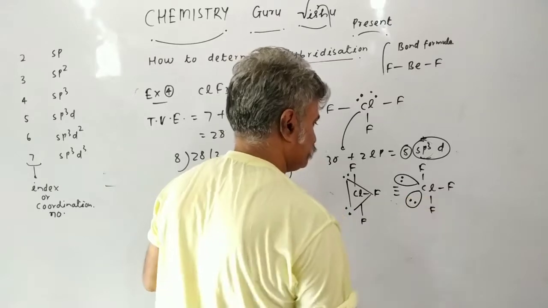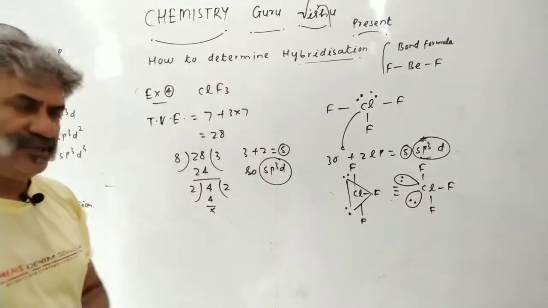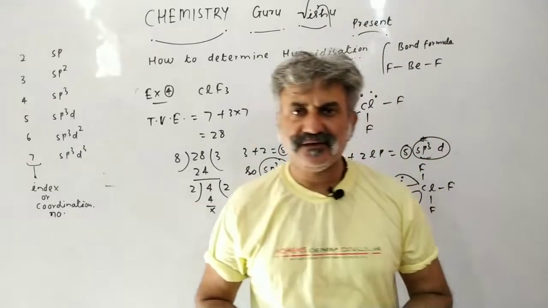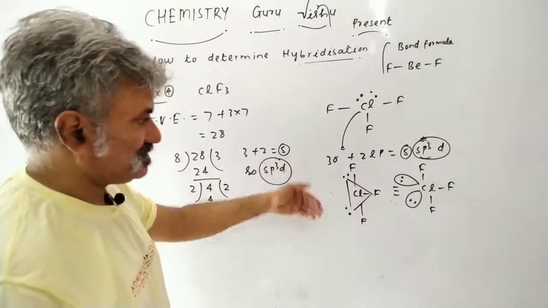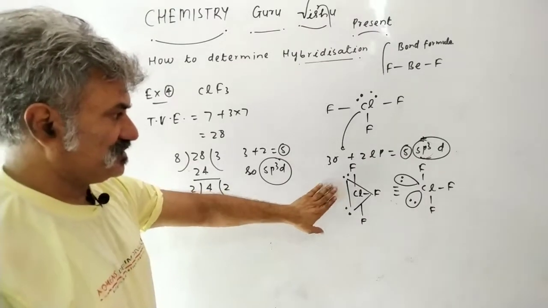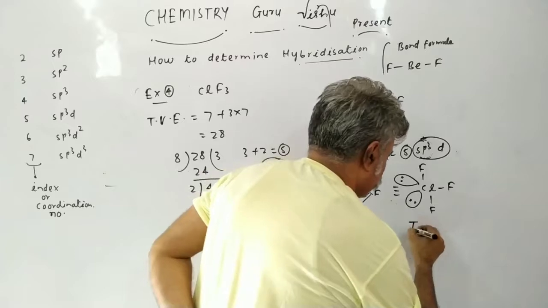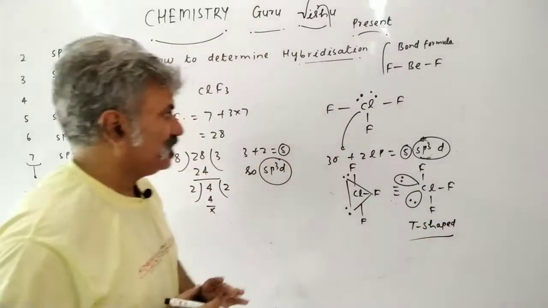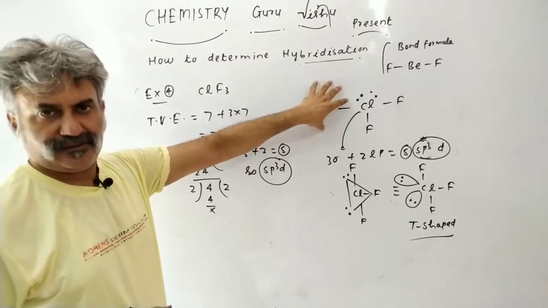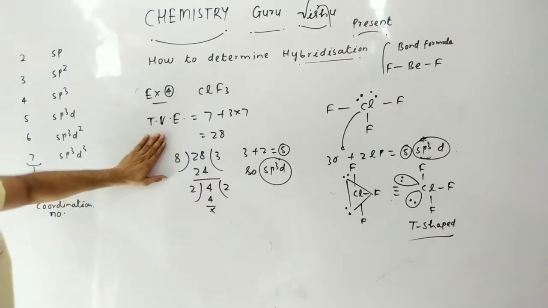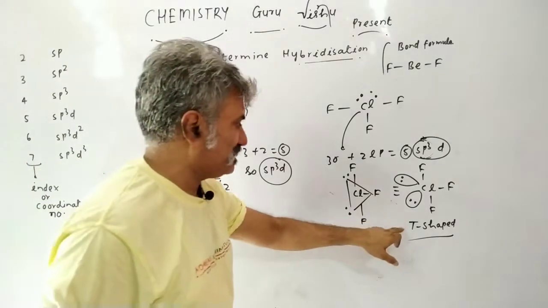I will make a video in which I will decide the geometry up to the last line, like this, and this shape is T-shaped. So we can predict the full and final shape by using my method, the bond formula method, but other methods totally fail to finalize this particular shape.